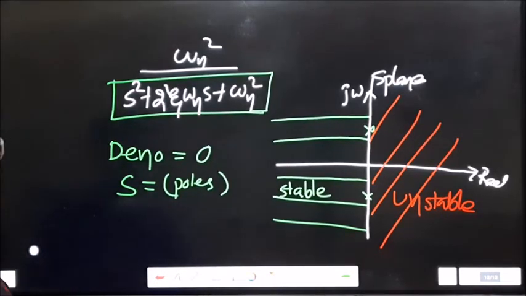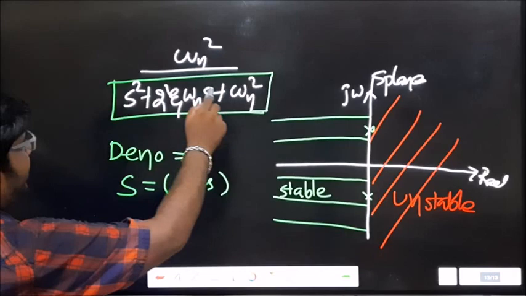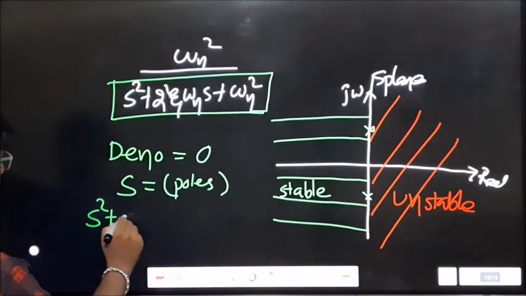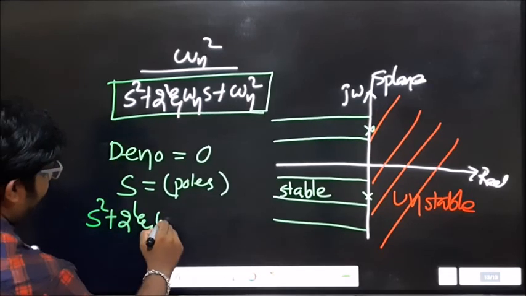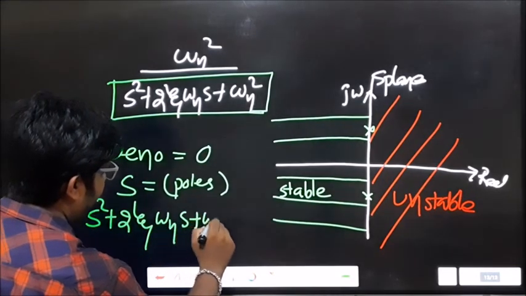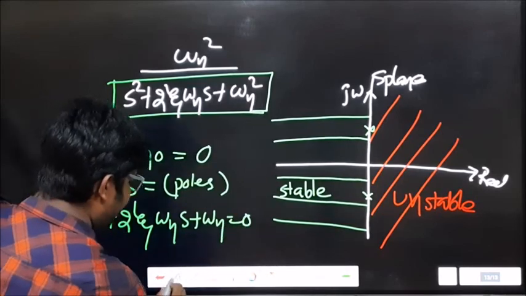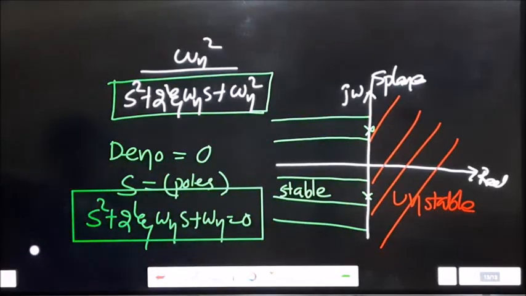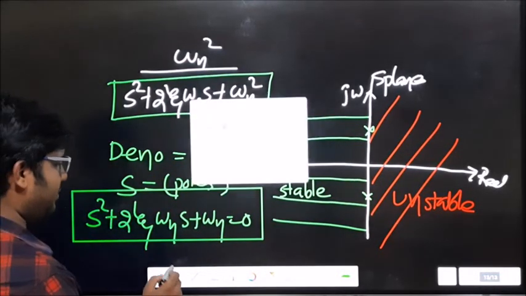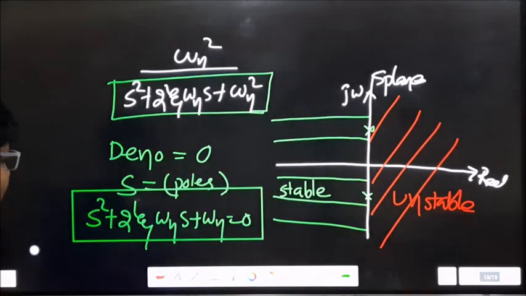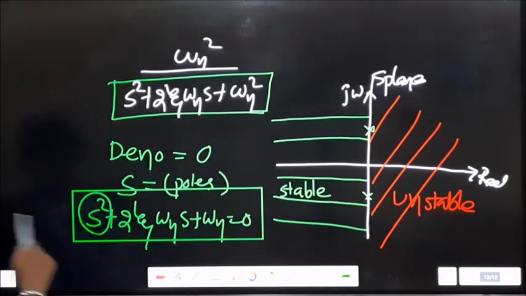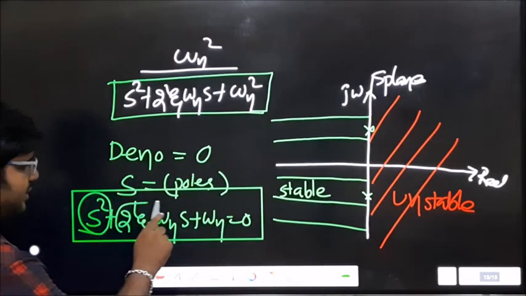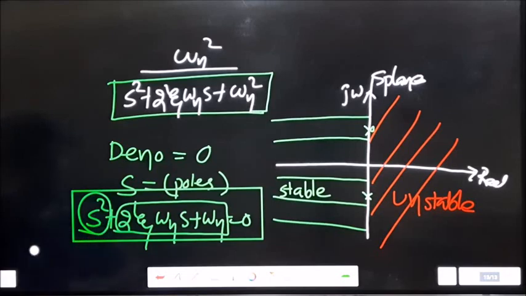So if I make this 0, that is s square plus 2 zeta omega n s plus omega n square is equal to 0, we can find the s value in terms of these two quantities.